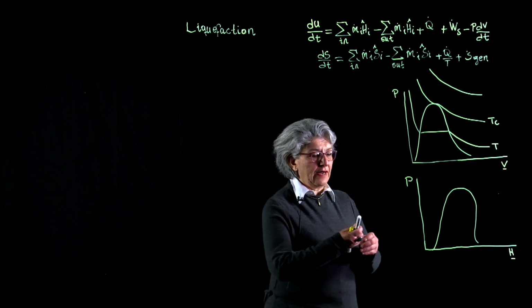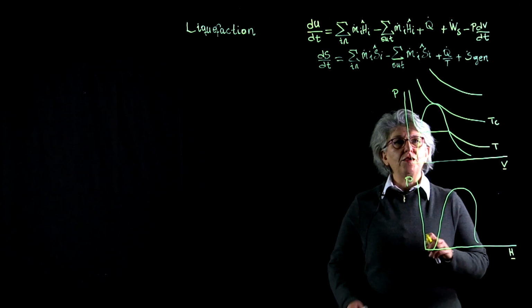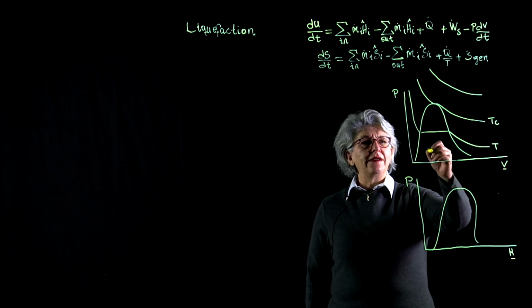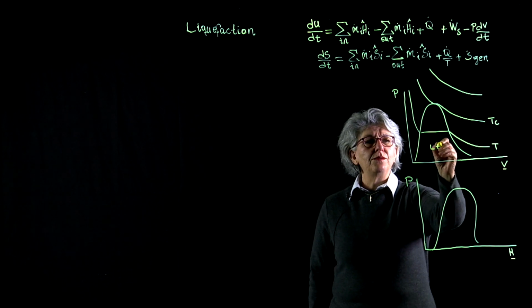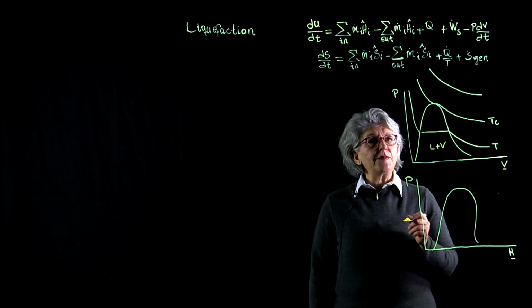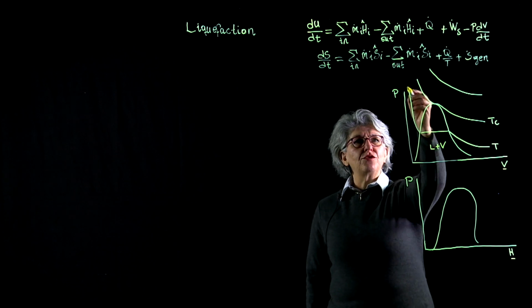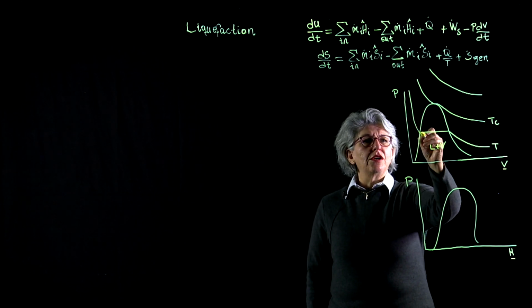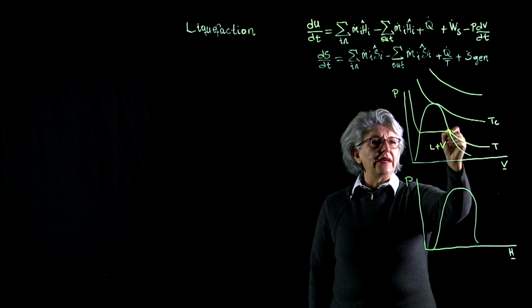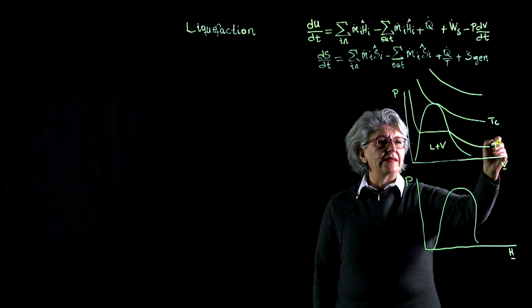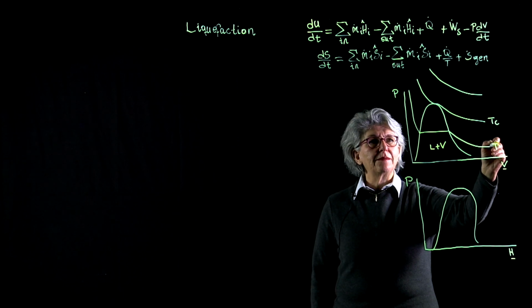So here we have a PV diagram of a fluid where we have vapor-liquid equilibrium. On this PV diagram, we have an isotherm that goes through the liquid to vapor transition and then is expanded further at constant temperature.